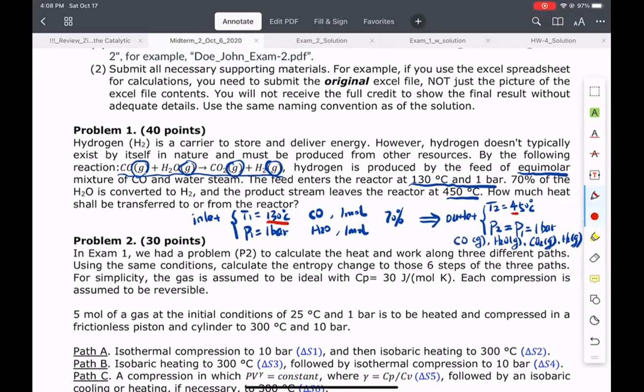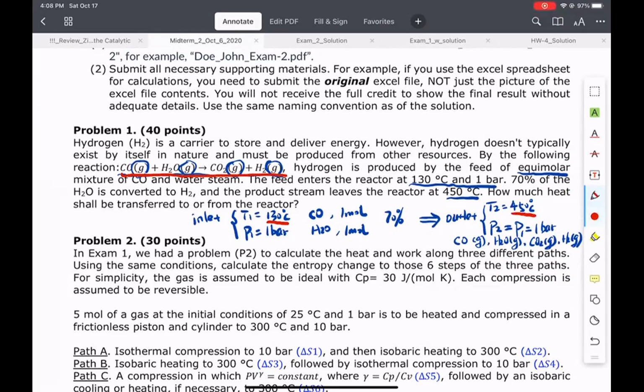From 130 to 450, we need to calculate the Cp as a function of temperature and what will be the required heat involved in that process. And also we need to look at this reaction, so we are going to have this heat of reaction.